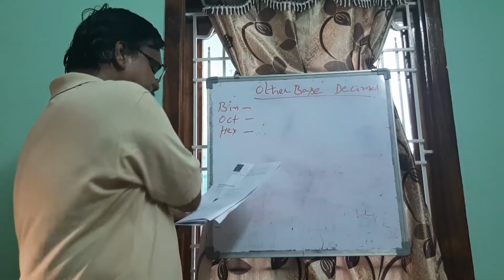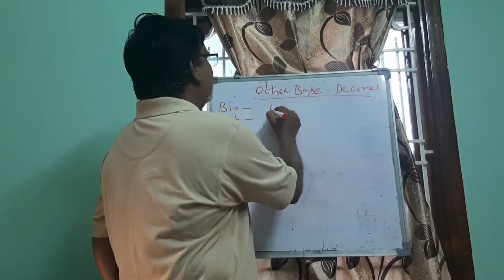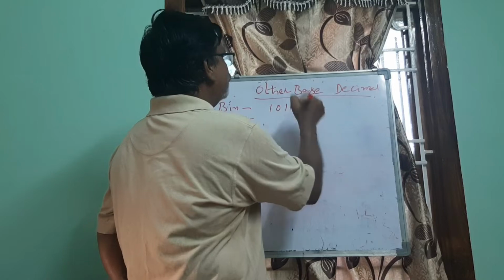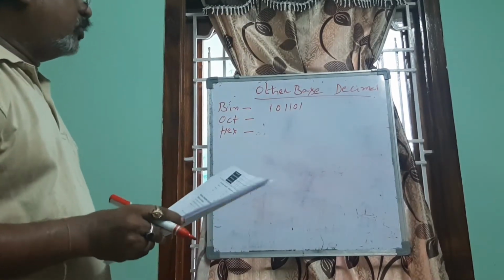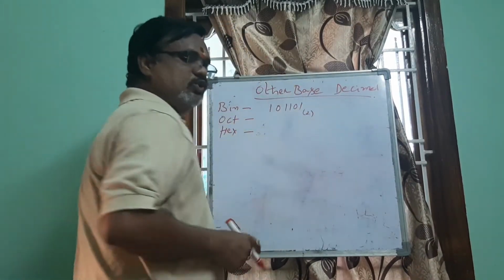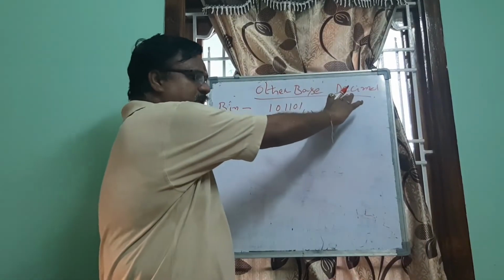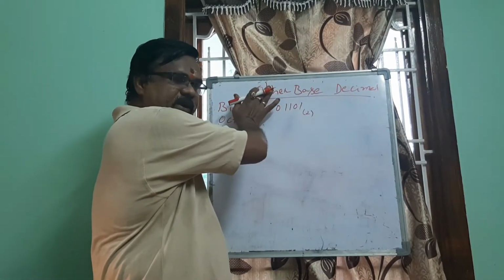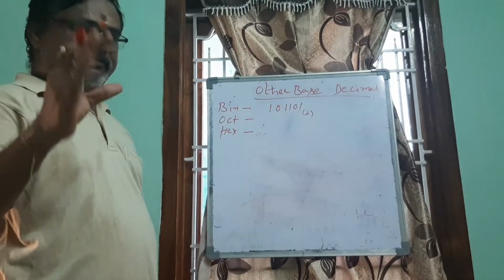For that, first we take a binary number, 101101. So how to convert this 101101 base 2 into the equivalent decimal? As I told you, for a decimal number, if you want to convert to any other base, we followed the division process.